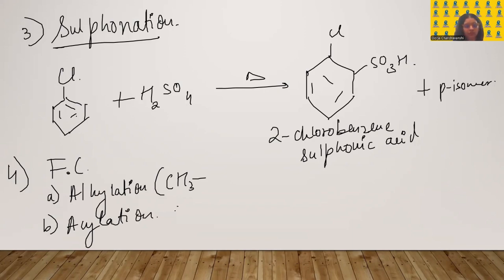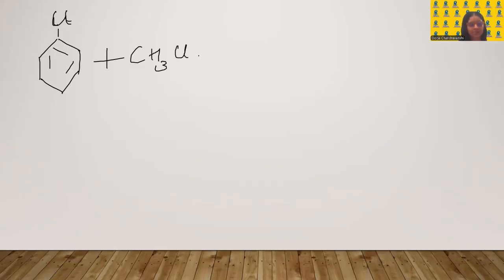The acyl group introduces COCH3 and so on. Done in the presence of chloromethane or acetyl chloride, so also known as acetylation.